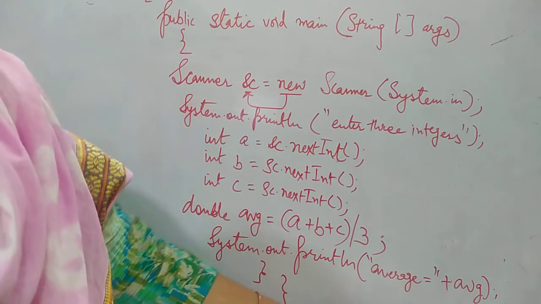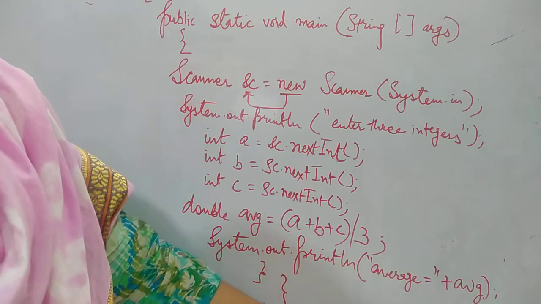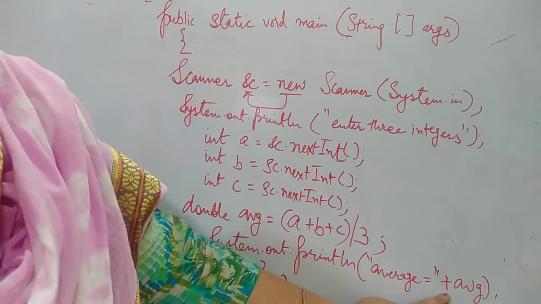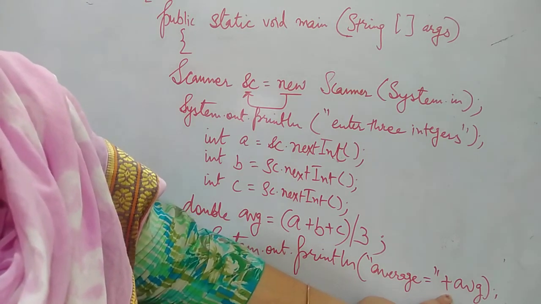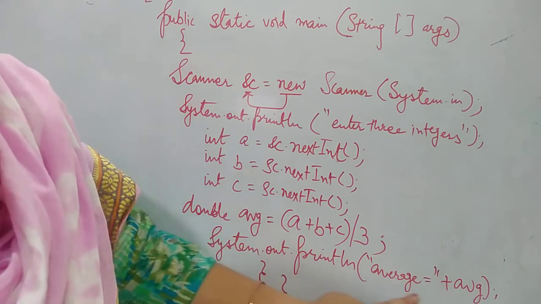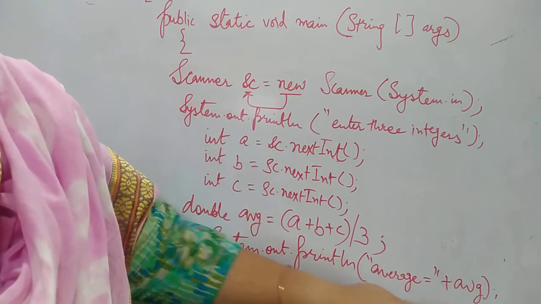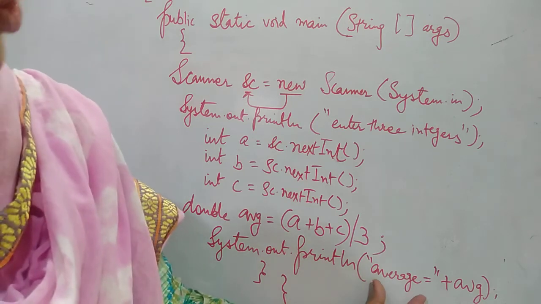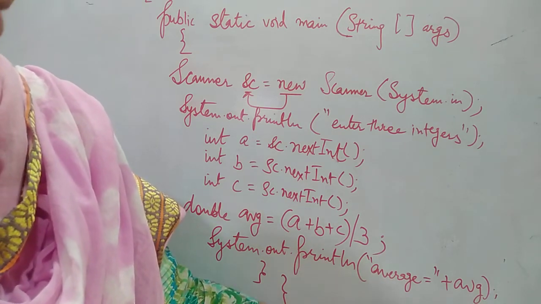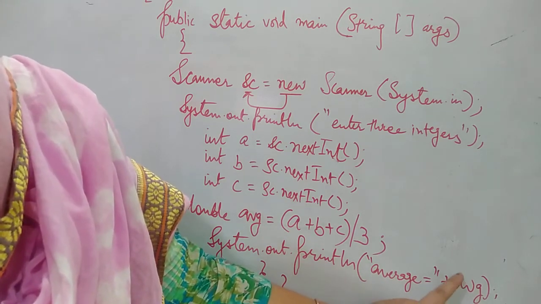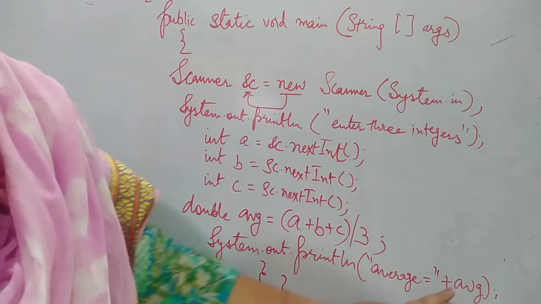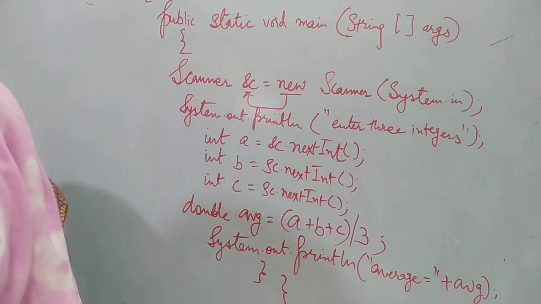Now somebody will ask the question why the plus sign is here. This plus sign is not adding any value. This plus sign is used to concatenate two things. Concatenate means to join two things. So we are joining one string plus another value. Here you can observe that I have not put the inverted commas around avg.